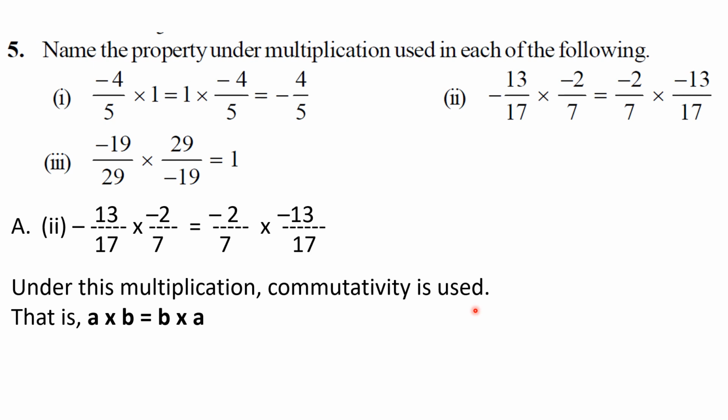It does not matter. The order of writing the numbers in multiplication does not affect the result. So you may write 5 into 3, you get 15, or you may write 3 into 5, you still get 15. We write this in general terms: A into B is equal to B into A. This property is known as commutativity, or we say the multiplication of rational numbers is commutative.